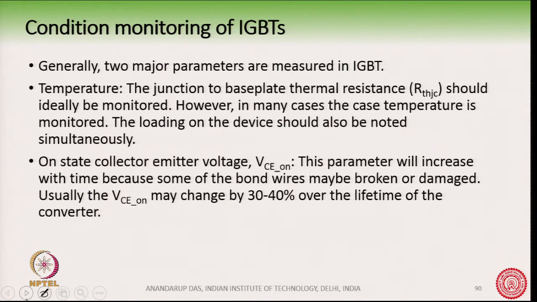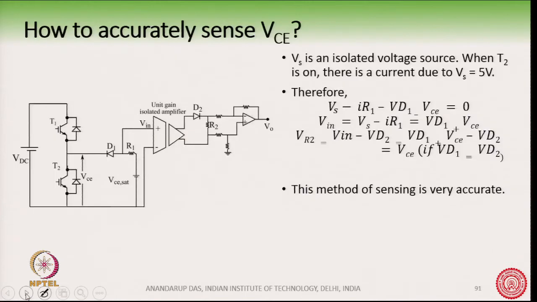So, if you observe this VCE on over a long period of time under the same loading condition, or under the same value of IC, then you will see that VCE on is increasing. And this will give you an indication that the device is coming to the end of its lifetime.